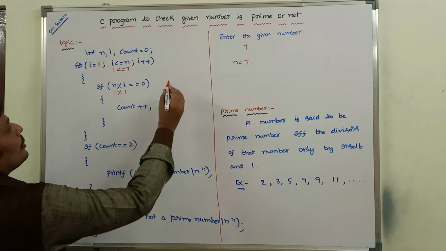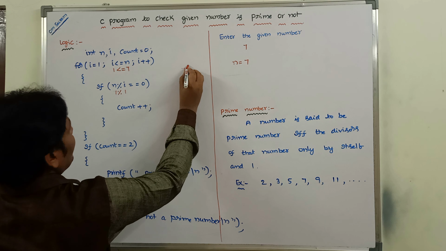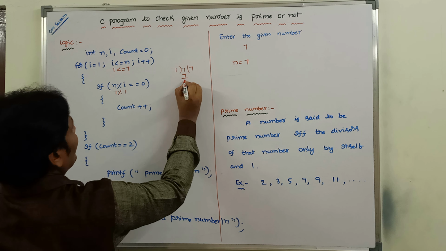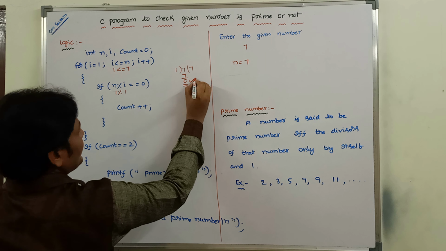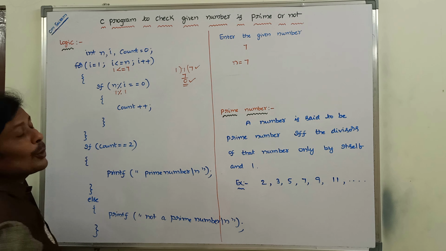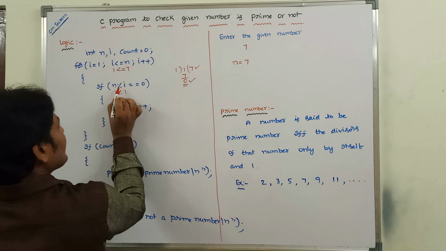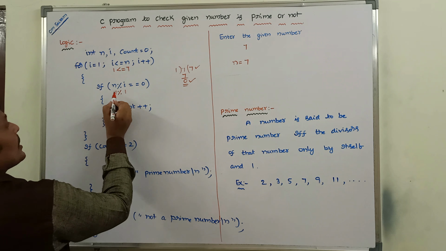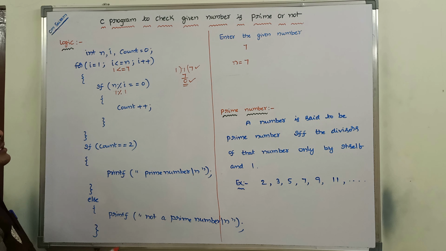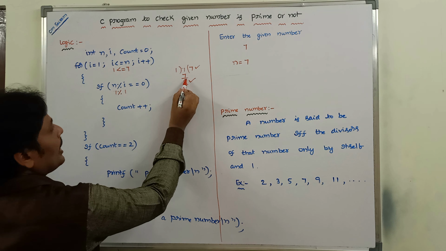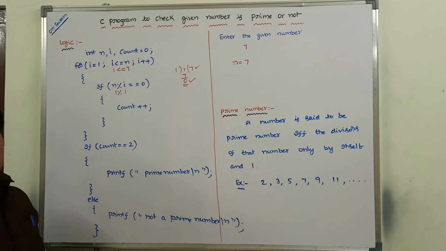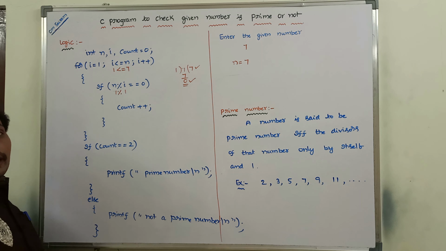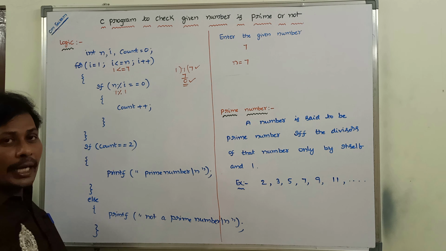Okay, now we have to check. 7 divided by 1 is 7; this is the remainder value and this is the quotient value. This modulus operator always returns the remainder value. So 7 % 1 equal to 0. Here the remainder value we are getting is 0, so the condition is true.